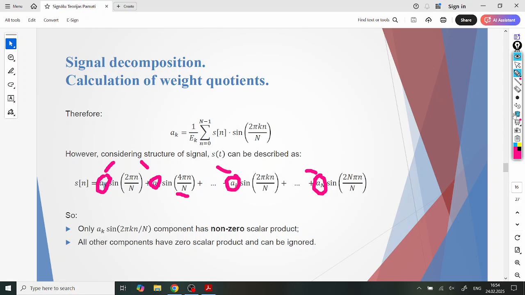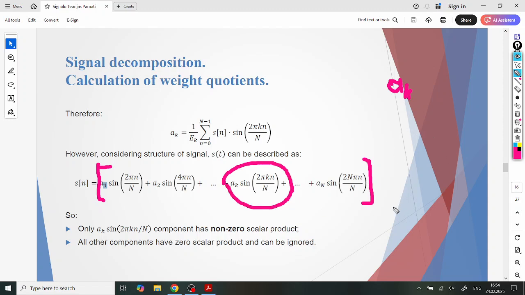Again, considering that this is our signal, say I want to find out the contribution of A1, or rather not A1, but let's be more general, Ak. So specifically the contribution of this part.